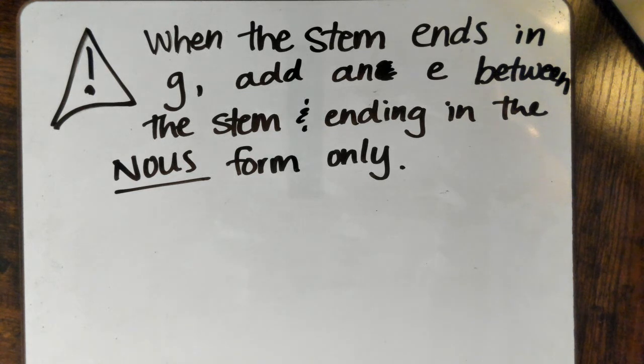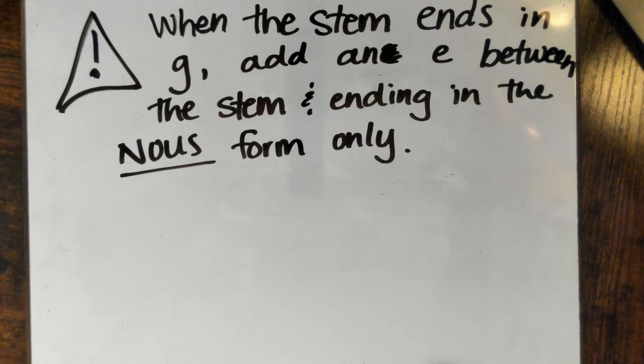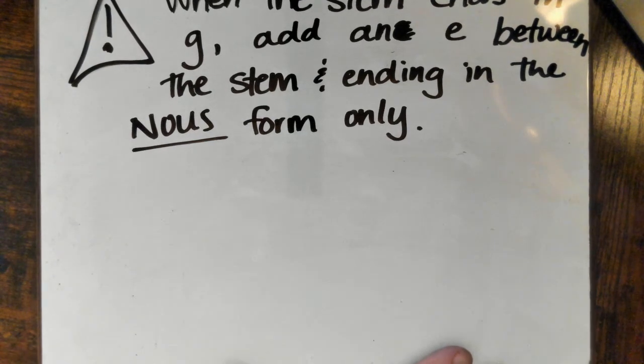So if you don't have that in your notes, make sure you put that in your notes. And I want to show you what that looks like in an example.